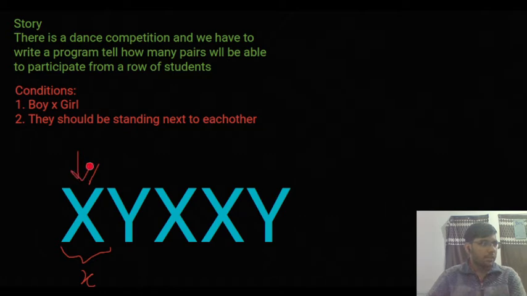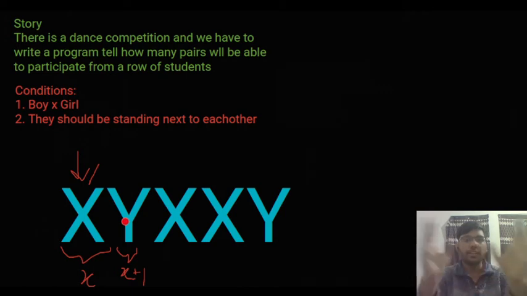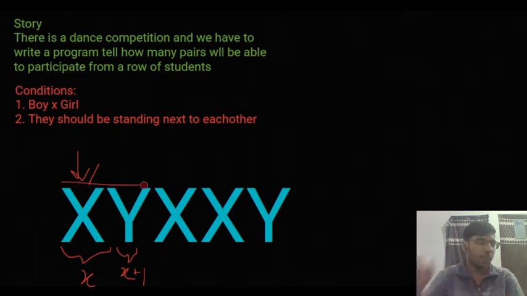Initially, this is where our pointer is pointing, and then we will check if x plus 1 in our list is distinct. We are checking if these two are different. If these two are different, we will have a pair.